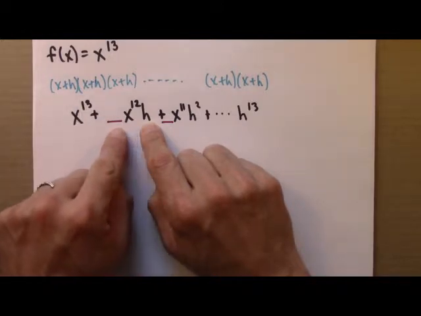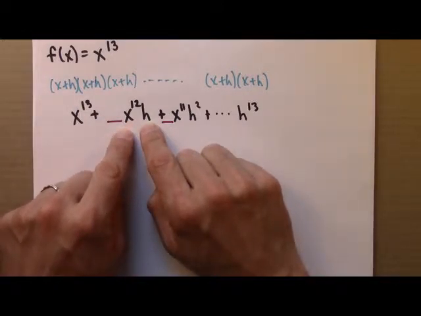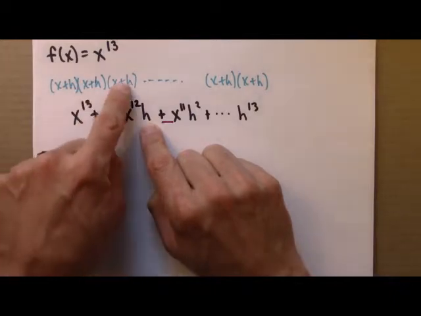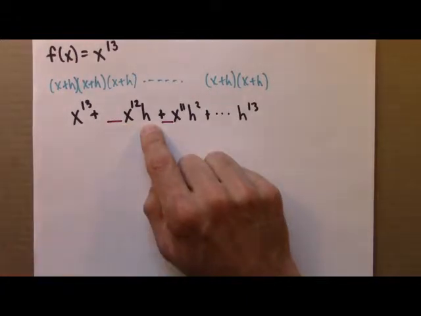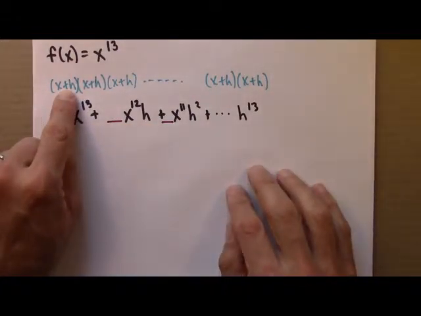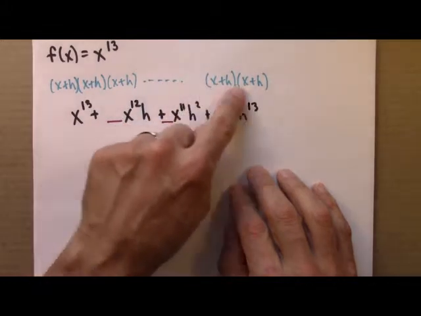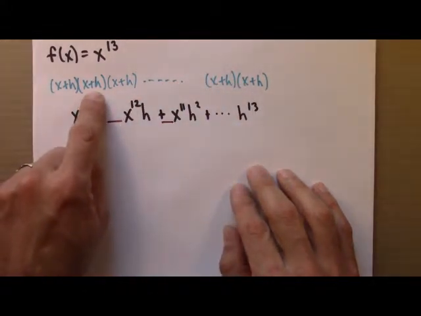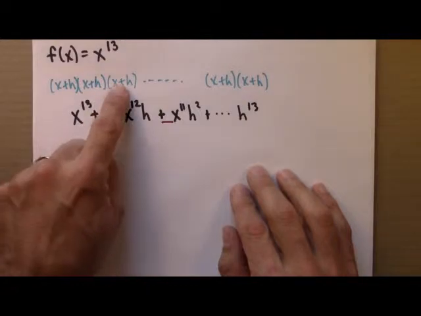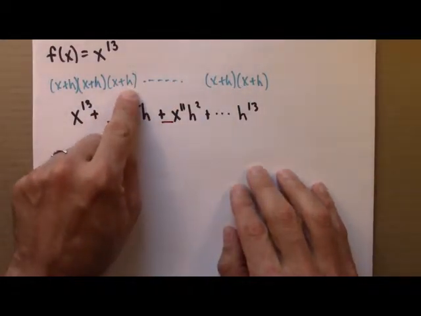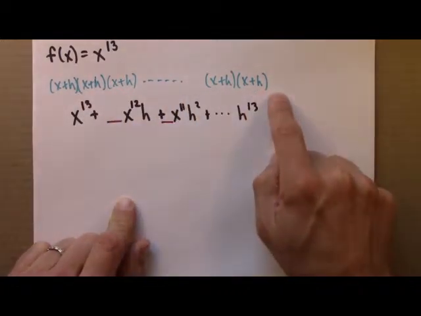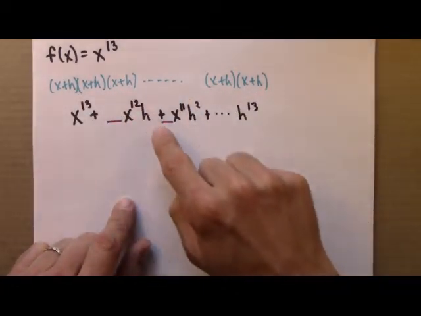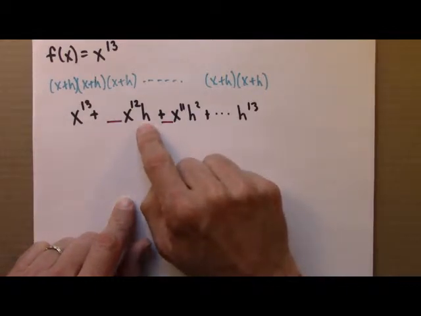Well, if we have a term like this, it means that I only chose h once, and all the other times going through in this massive foiling endeavor, I chose the x. So I could choose this as h, and then do h times x times x times x all the way. Or I could choose this to be my h term, x times h times x, and so on and so on. Or I could use this to be my h term. So the thing I'm trying to suggest is that there are 13 different choices for which one term I choose to be my h term.